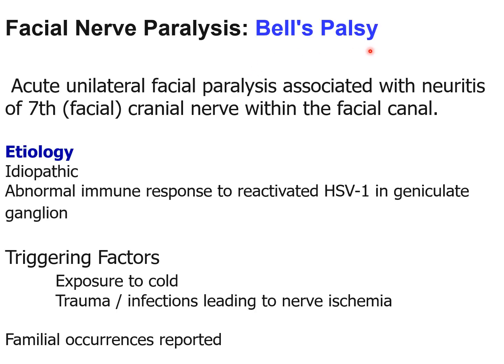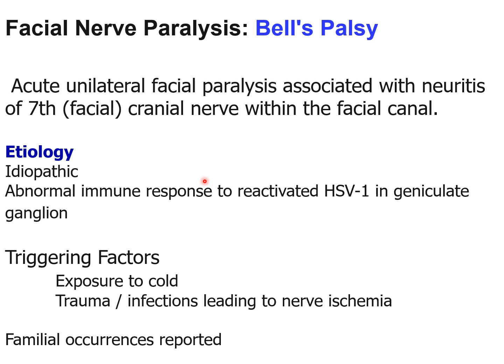So Bell's palsy is one of the most recognized forms of facial nerve paralysis. It's an acute unilateral paralysis associated with neuritis involving the facial nerve within the facial canal.